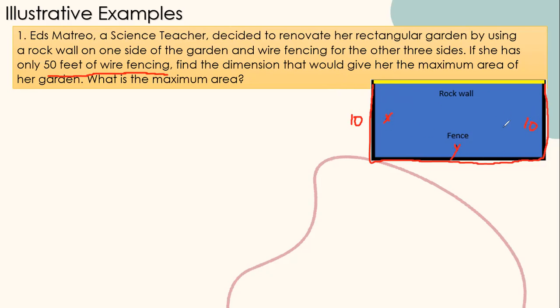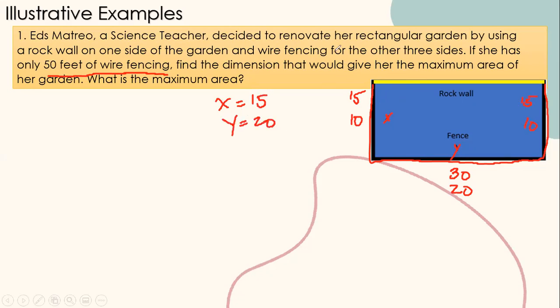And then 10 tapos 20, ang natira ay 30. Okay? Or pwede rin namang tig 15 naman. Tig 15 dito, 15, and then 15 yon. So x is 15, then y is 20. Okay? So pwedeng x is 15, y is 20.